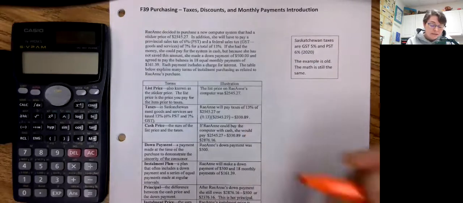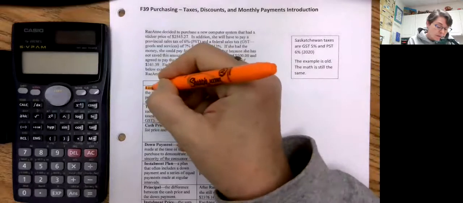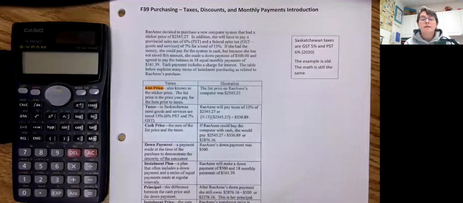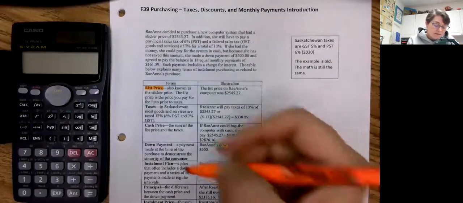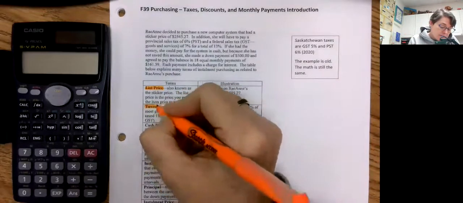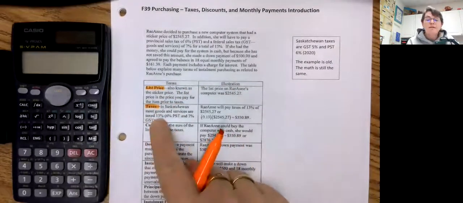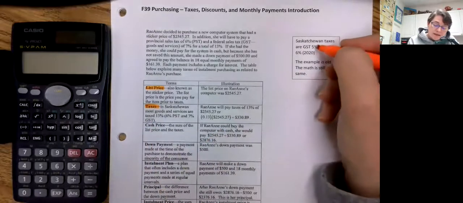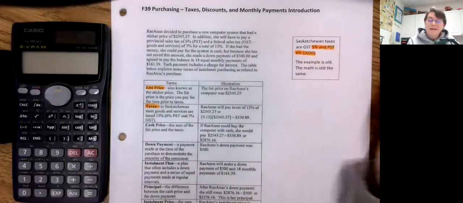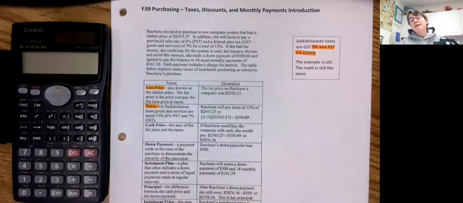The terms you need to know. List price, also known as the sticker price. It's basically what's on the shelf, right? Taxes aren't included, which then we got taxes. Now, this is an old assignment. It says 13% actually right now. And I guess I should update that to 2021.